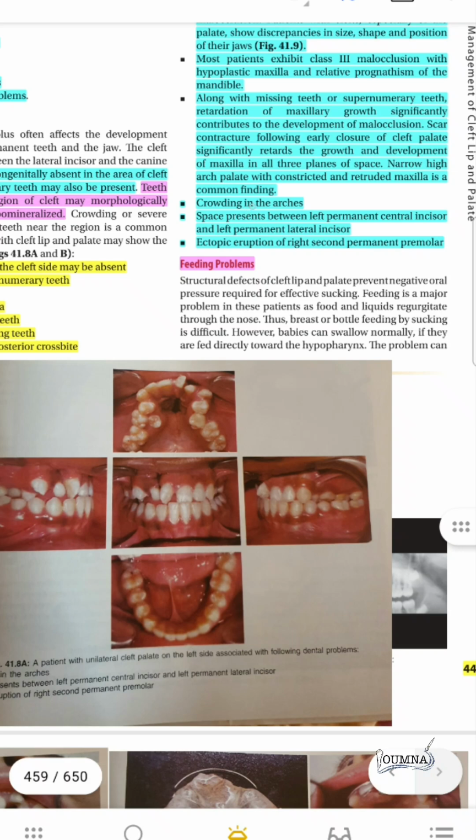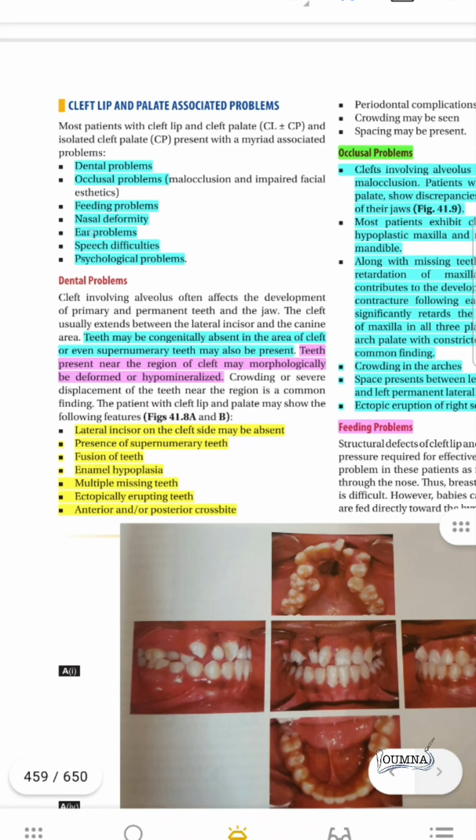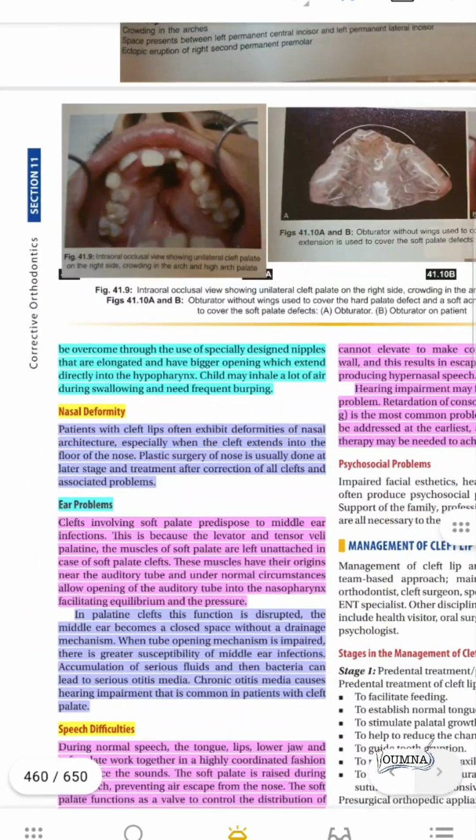In consequence, we will see crowding in the arches. Also, there will be feeding problems, nasal deformity, ear problems, speech difficulties, and of course psychological problems.